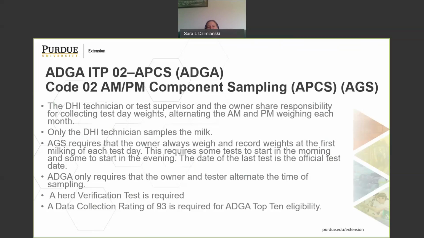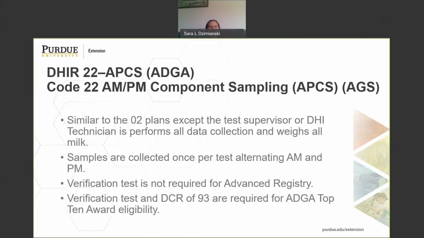Actually, this is the one where AGS requires the owner weigh and record weights at the first milking of each test day. And a herd verification test is required for this one as well. And this does make you eligible for top 10 eligibility. Okay, so similar to the 02 plan, this is the DHIR 22 or the code 22.